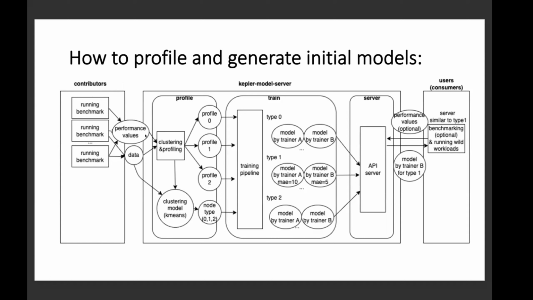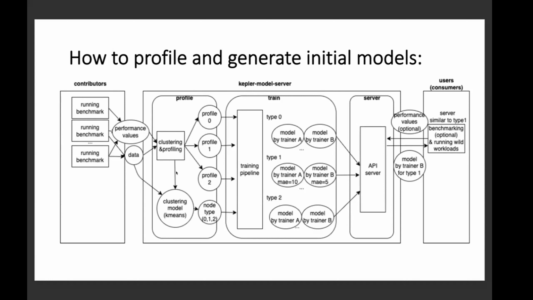Based on that, we do some clustering of the input, so that we cluster any server into a number of groups, and we create a profile for each group. Here, for simplicity, I separate into 3 groups: 0, 1, 2. And we will create the clustering model to cluster any incoming servers.